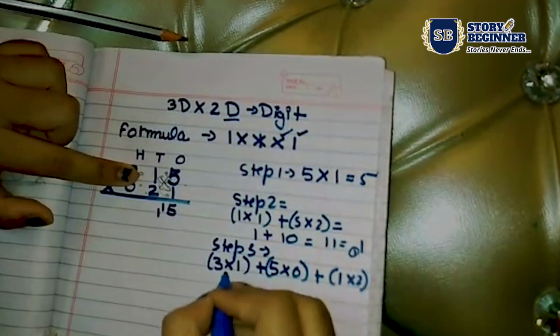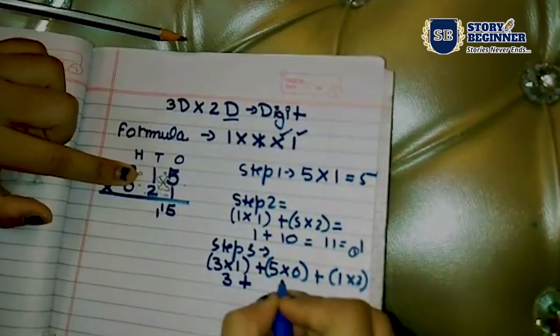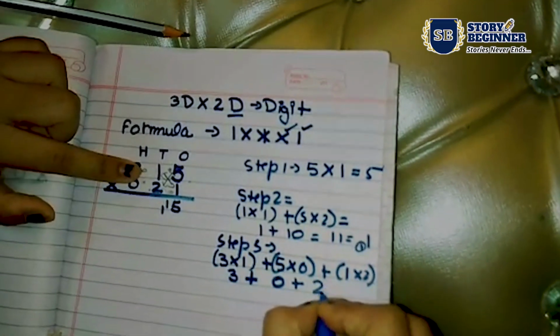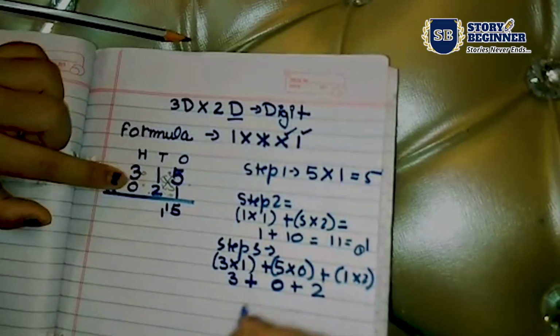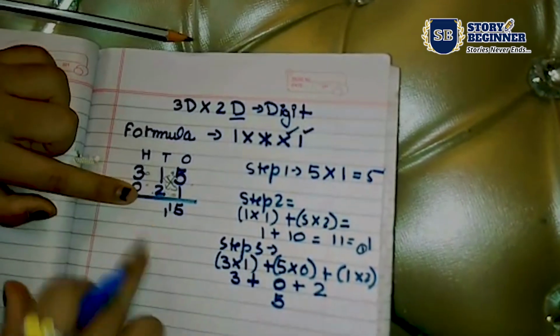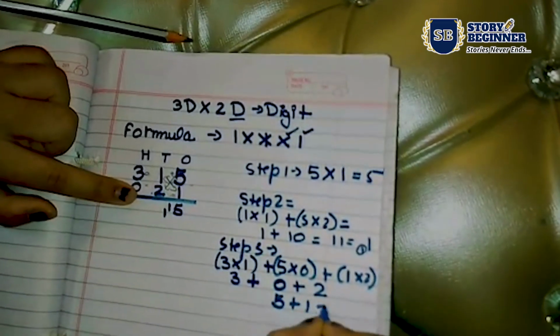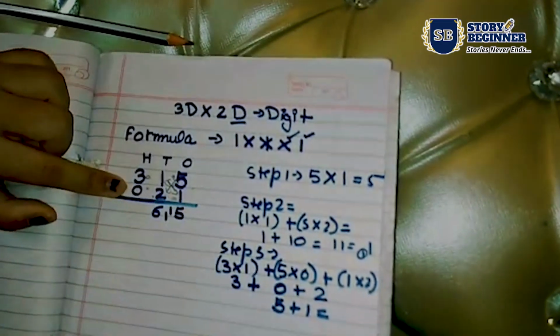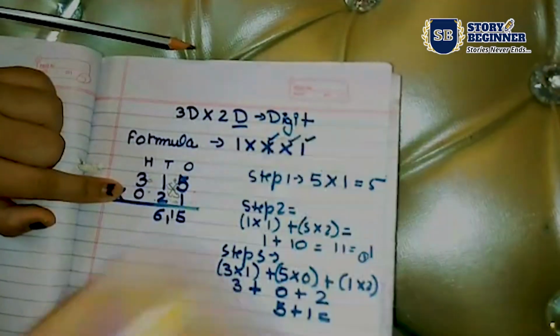So 3 ones are 3, plus 5 zeros are 0, plus 1 twos are 2. Now we add all these: 3 plus 2 is 5. Now we add 1 as it is the carry, so it is 6. Now we have done this step also.